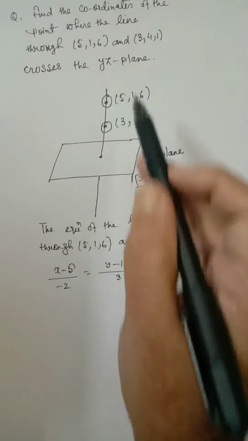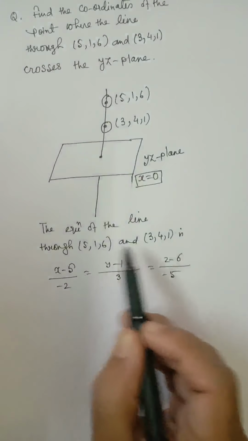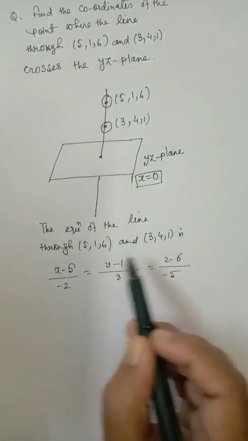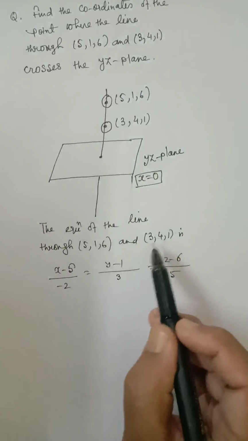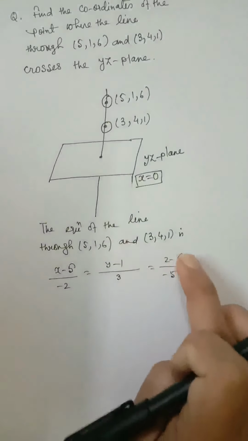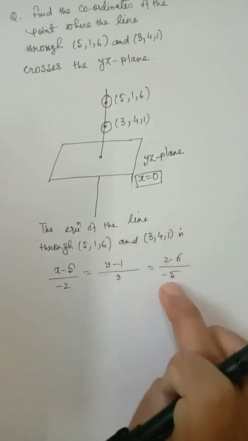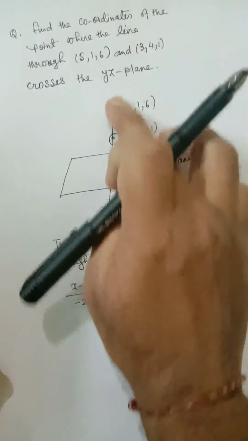So the equation of this line will be (x minus x1) by (x2 minus x1), (y minus y1) by (y2 minus y1), and (z minus 6) by (z2 minus z1), that is 1 minus 6. This is the equation of this straight line.